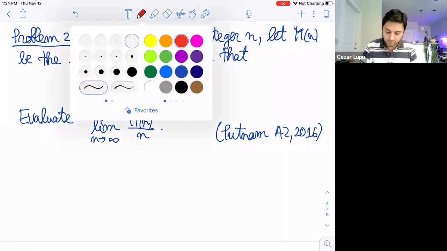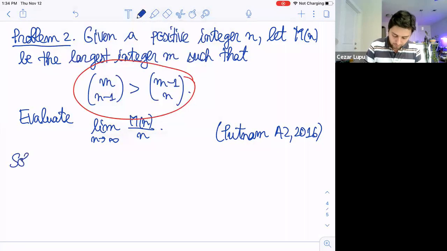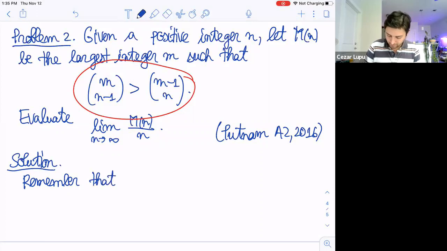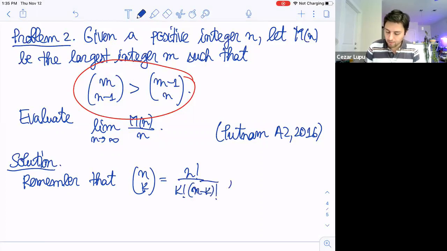So let's write it. Remember that n choose k is n factorial over k factorial times n minus k factorial, right?